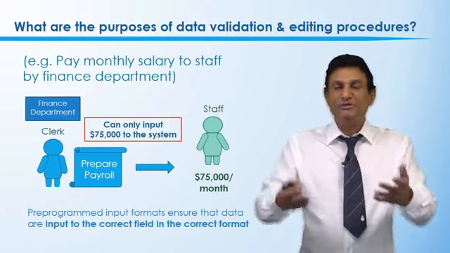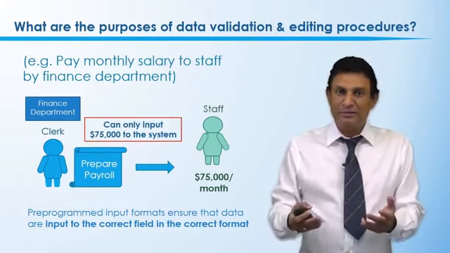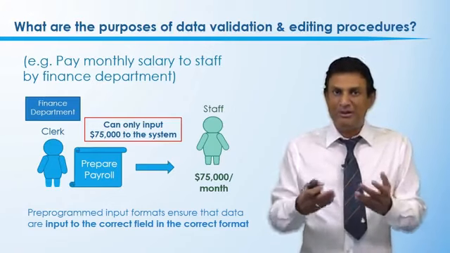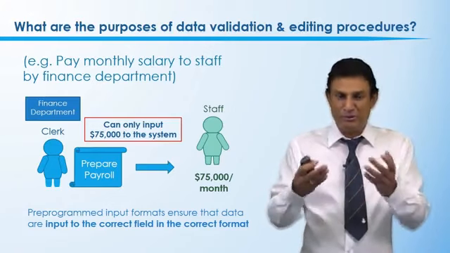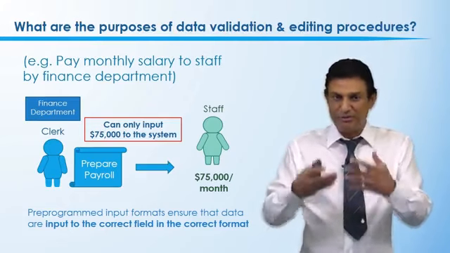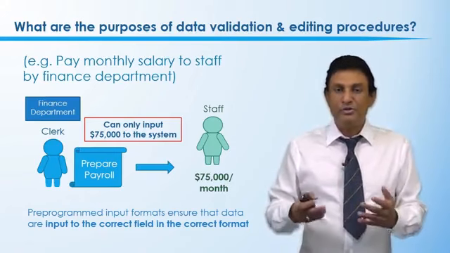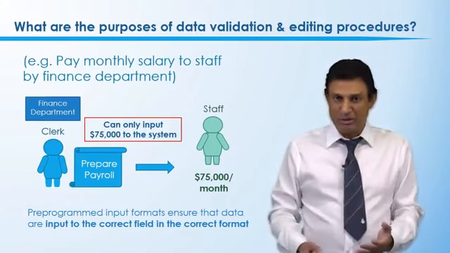So assume 75,000 Hong Kong dollars is the monthly maximum salary. The clerk, or the person who creates the salary, would create the assistant professor's salary every month and the system would generate it. That is the normal scenario.